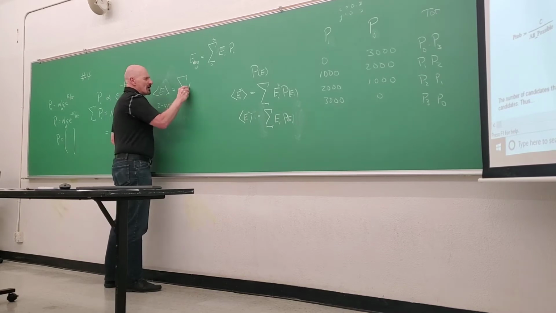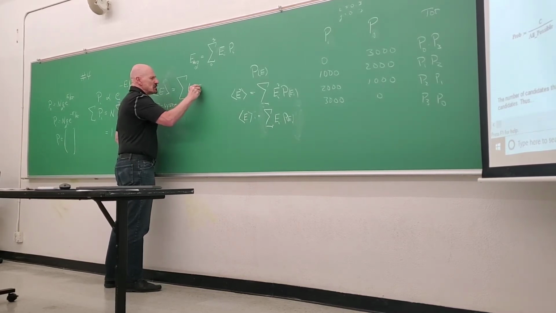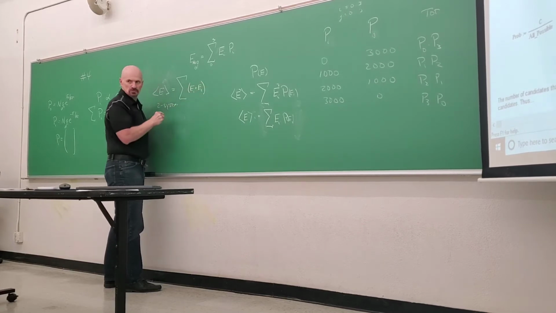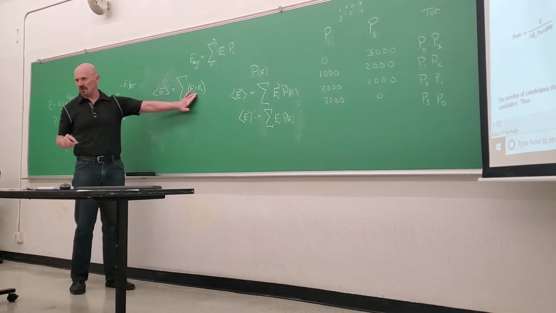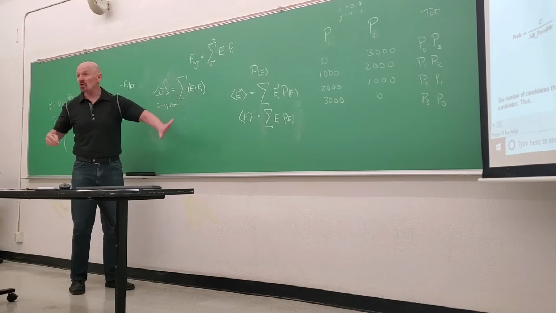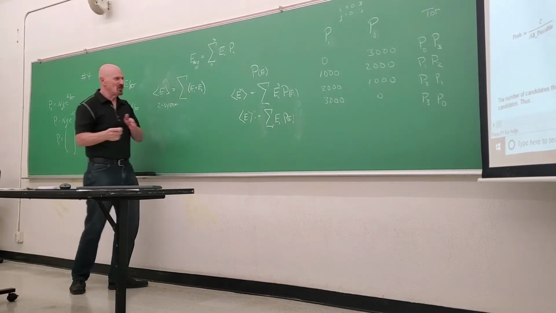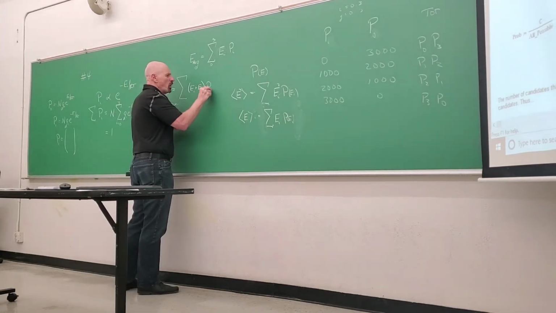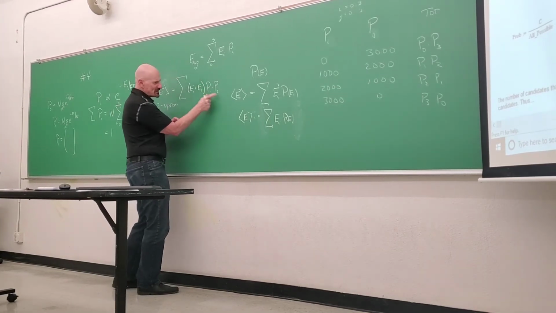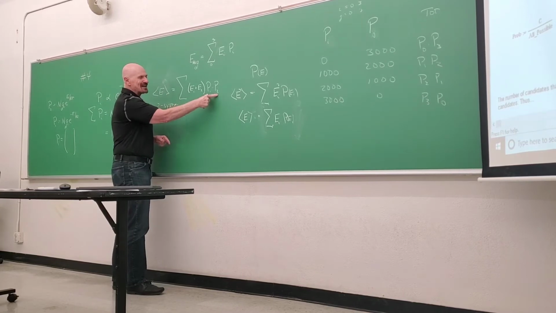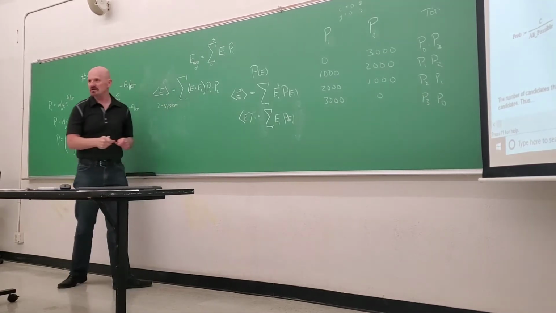You're going to have the energy of system 1 plus the energy of system 2. That's the total energy, again multiplied by the probability of being in that energy state. So you'll have P1 times P2. That's the probability of being in an energy state of E1 plus E2.